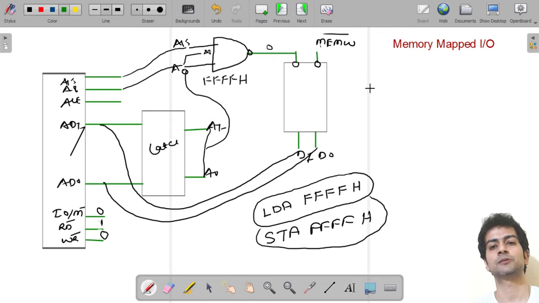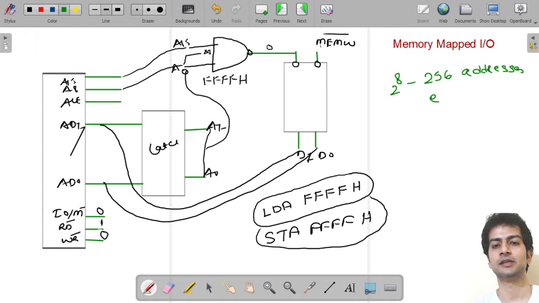When we discussed peripheral mapped input output, we saw that there was an 8-bit address line, so the microprocessor could generate 256 addresses each for input and output.